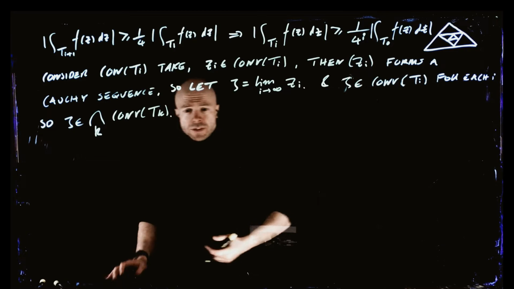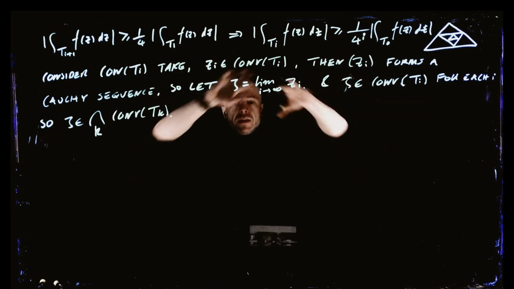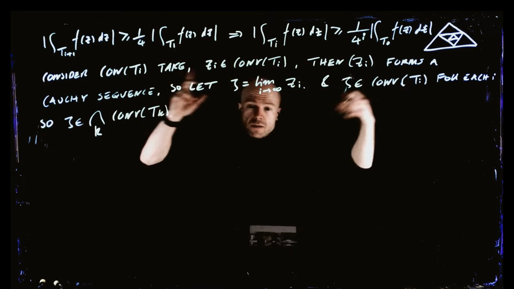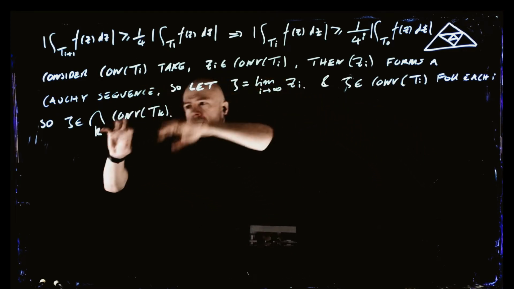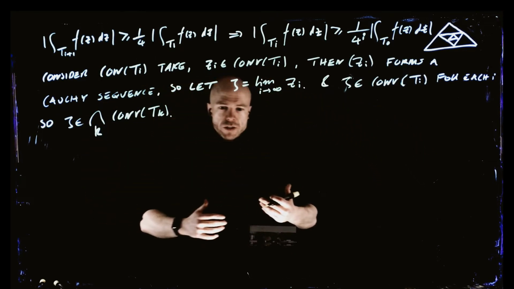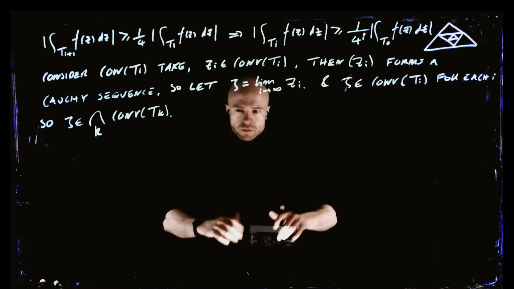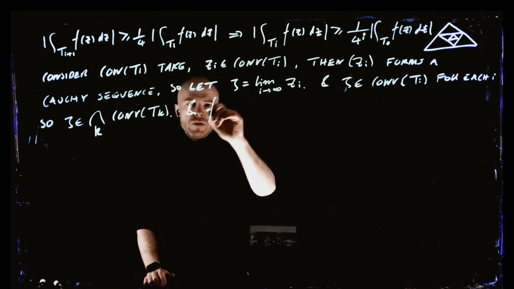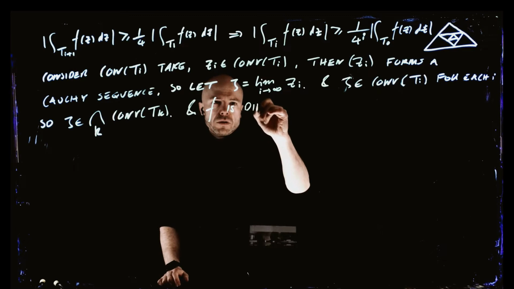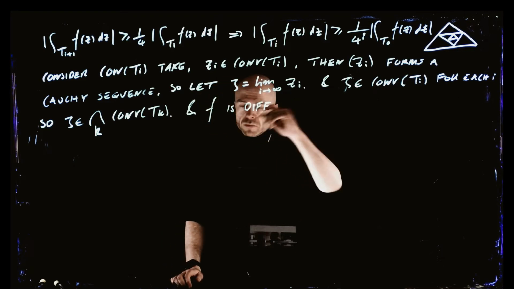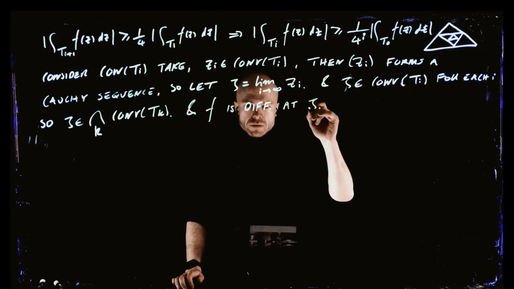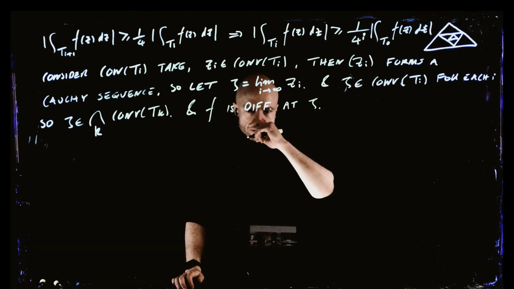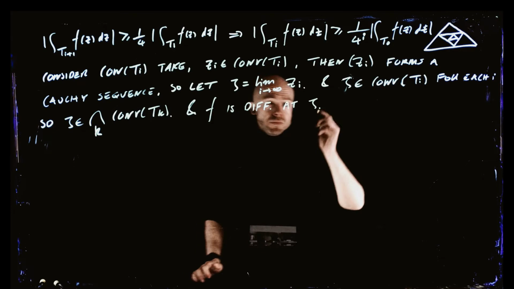And since our triangle is a closed set inside an open set omega, this guy is inside our open set omega. And therefore, it's a point where the function is differentiable. f is differentiable at zeta.